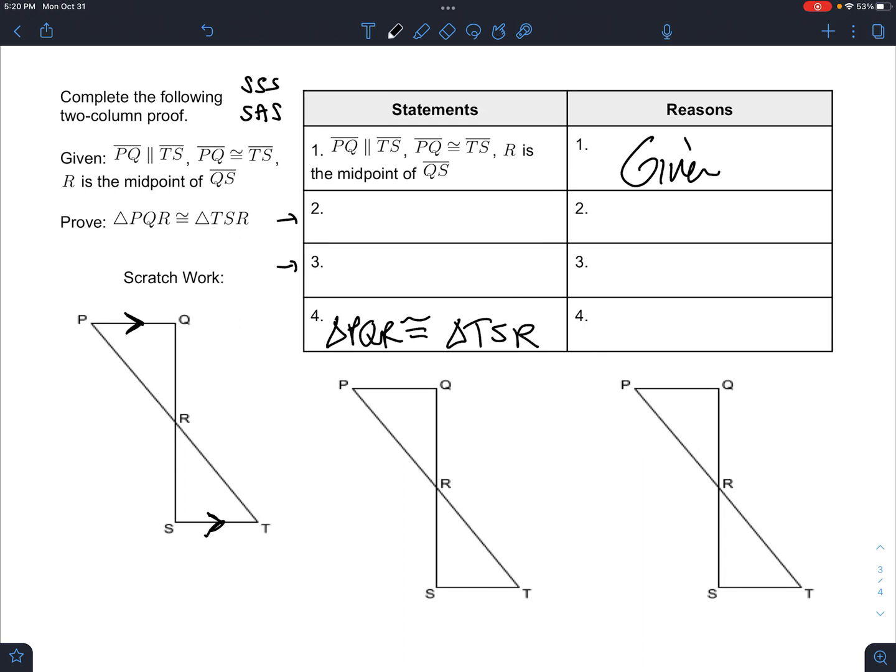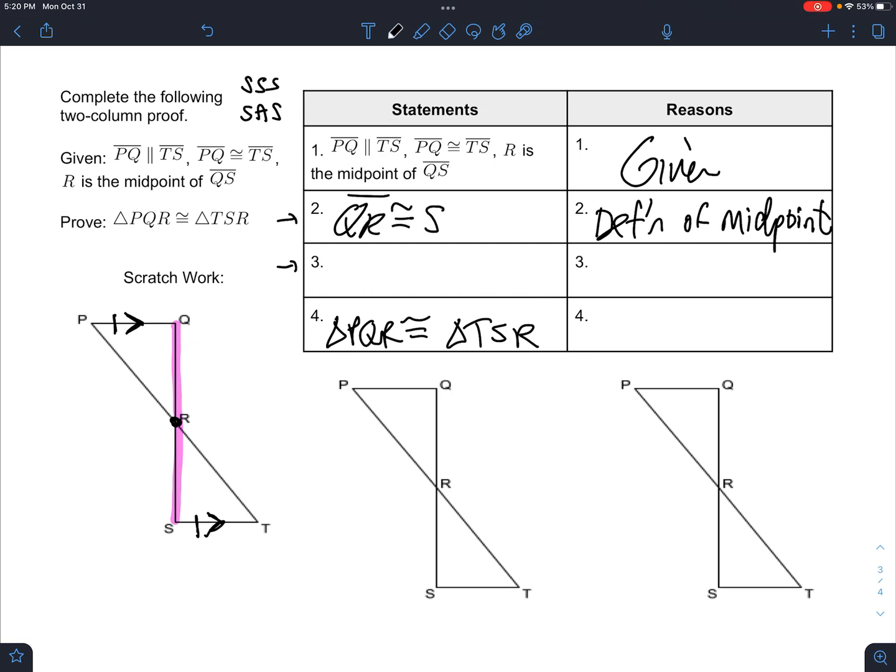We are given parallel. Okay. We also are given that those are the same. And we're given that we have a midpoint just between this. So we have a lot to work with. I would start with the definition of midpoint, although you can start somewhere else.